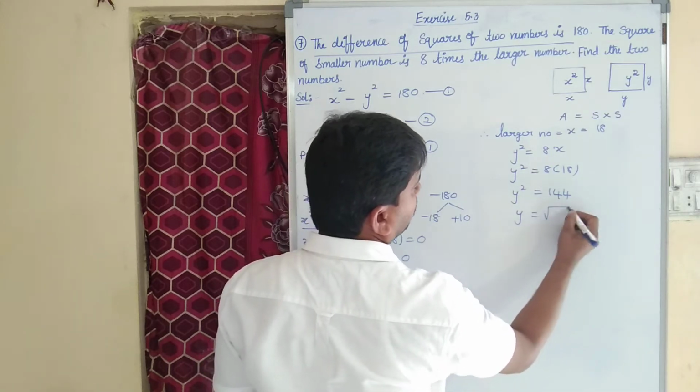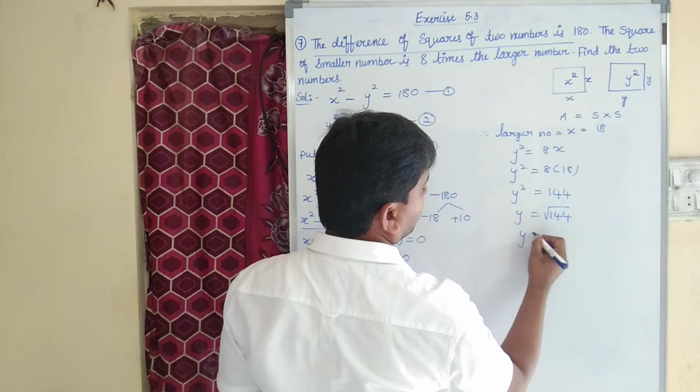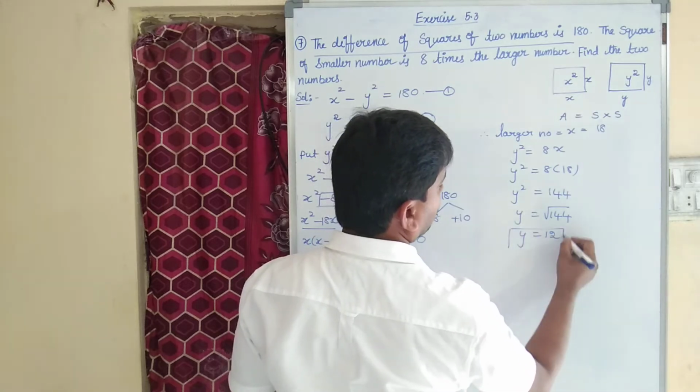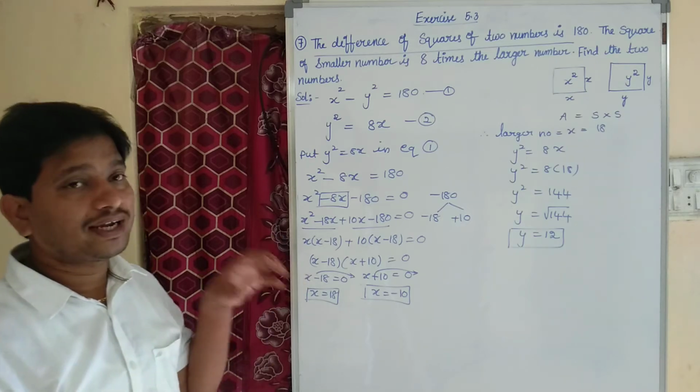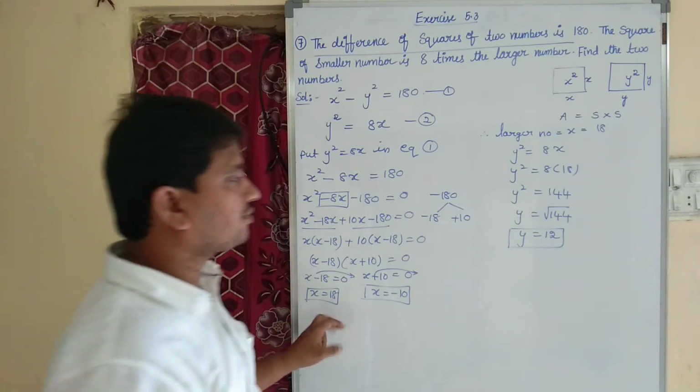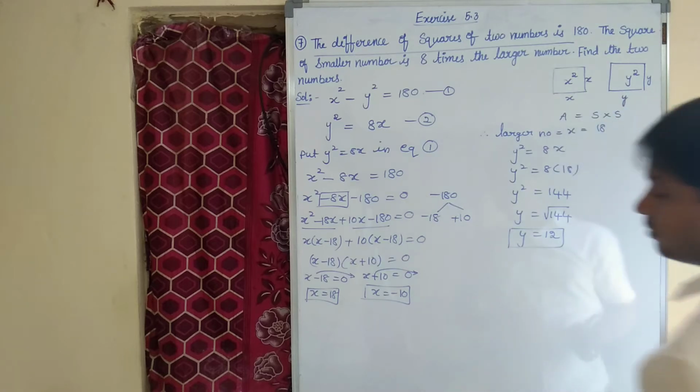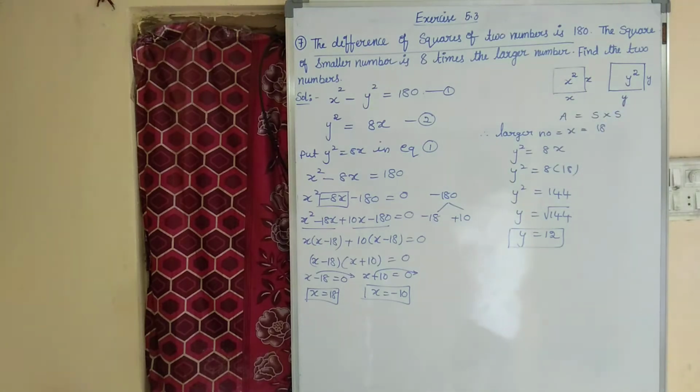Transposing the square, it becomes root over 144. What is the square root of 144, children? The square root of 144 is 12. So the two numbers are x equal to 18 and y equal to 12.